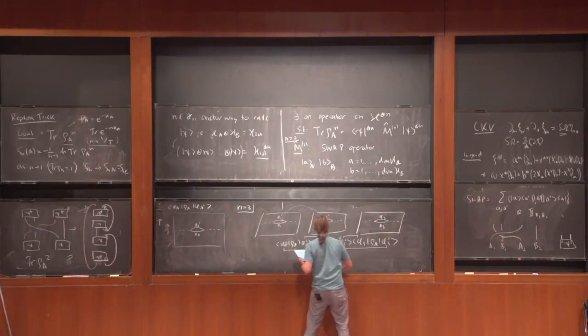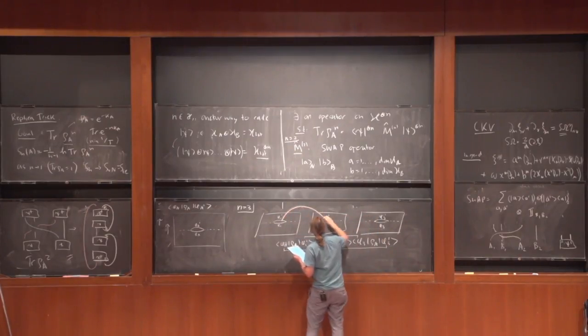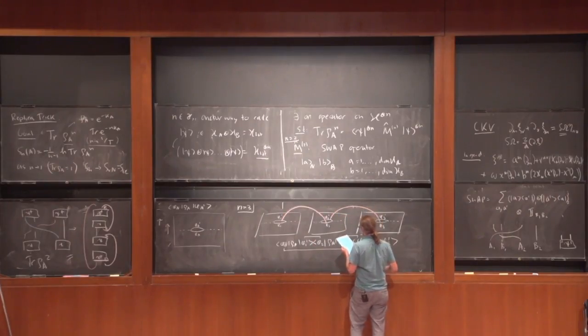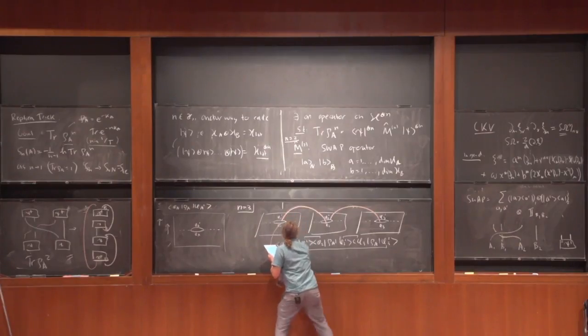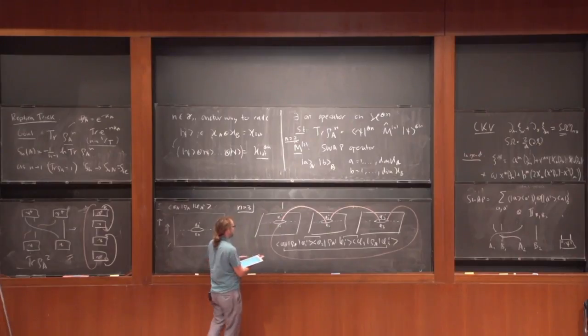And then similarly, let me try this one. And then the top goes to the bottom here. And then the bottom goes to the top over there. So this one goes like this. Okay, so hopefully that's clear.